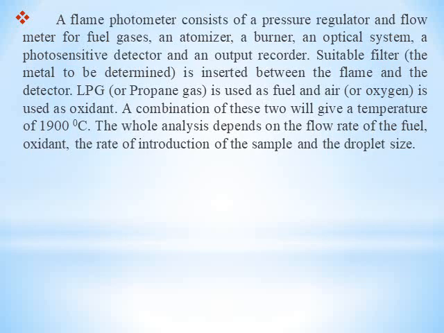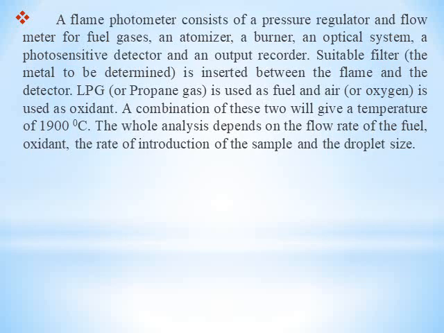An output recorder converts this emitted frequency into digital recordings, and a suitable filter is used to convert the radiation into monochromatic radiation. The filter depends upon the metal to be detected, and it is inserted between the flame and the detector.